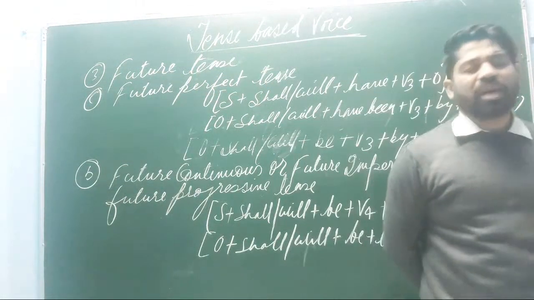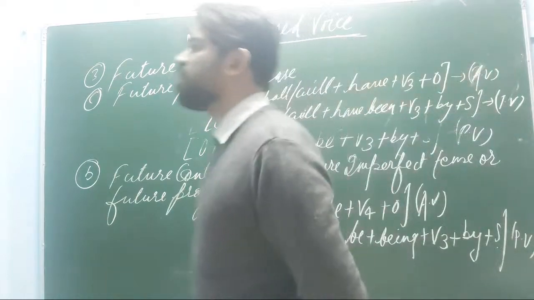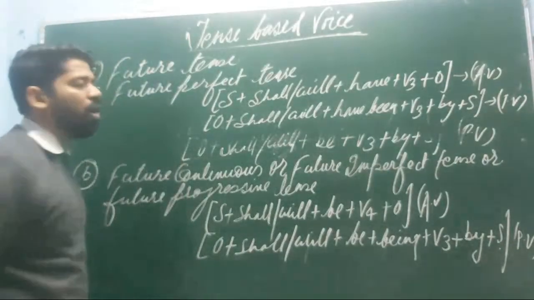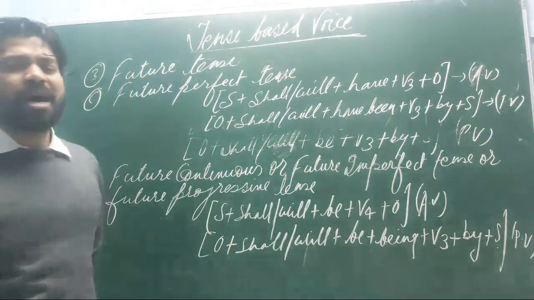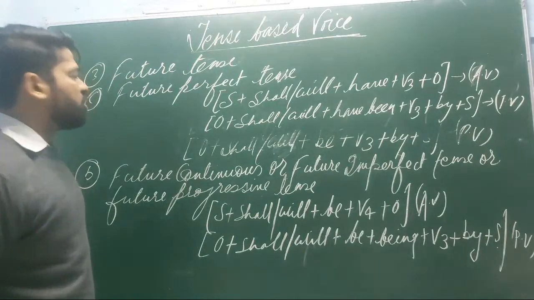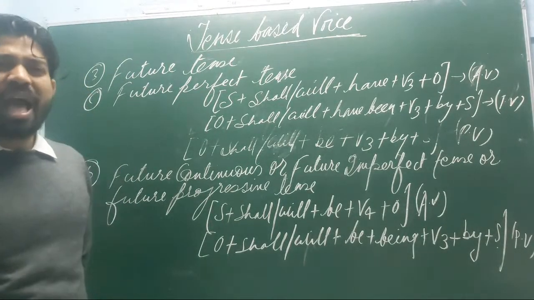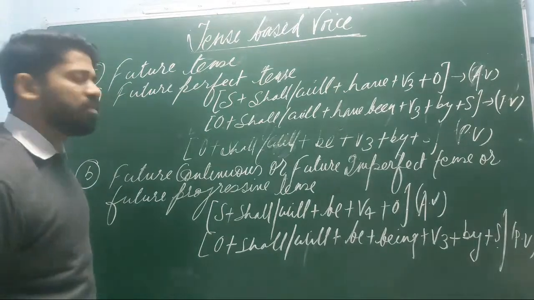As I am telling you again and again, there is no passive voice structure for the last form of different tenses, whether it is present, past or future. So the future last form will also not have any type of passive structure.